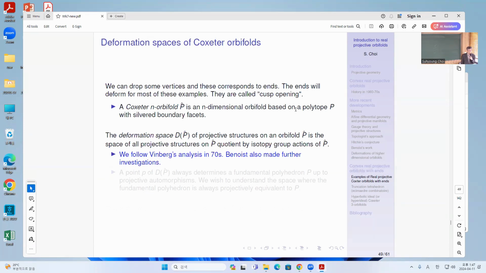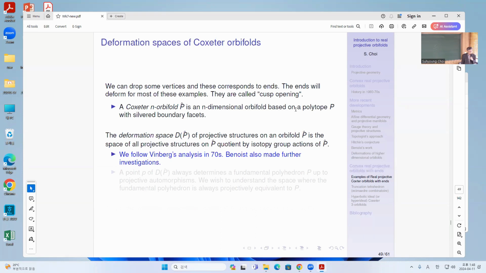The point is that you can deform these Coxeter orbifolds, and you can find this phenomenon called cusp opening, which was discovered by Benoist.